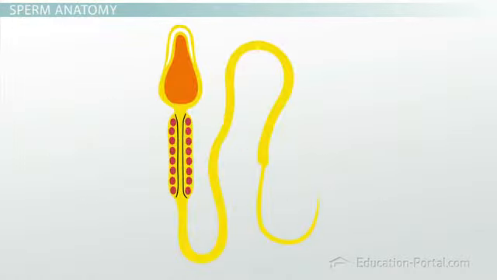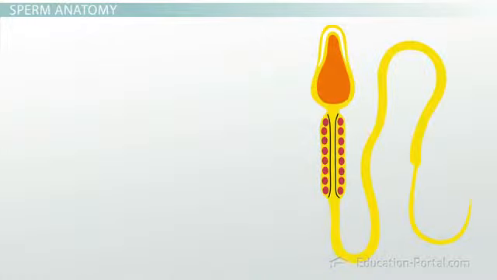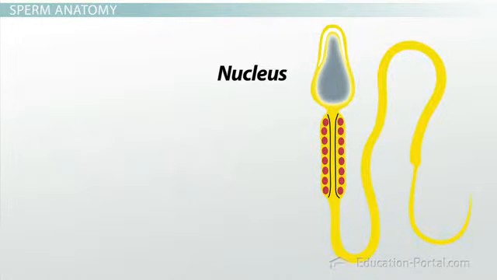A functional sperm looks a lot like a tadpole, but unlike tadpoles, sperm have only 3 basic components. The nucleus contains the haploid genome and not much else. The main job of the sperm is to get the haploid genome into the ovum, which will provide the other half of the genome, along with pretty much all of the cytosol, cell membrane, and cellular organelles.